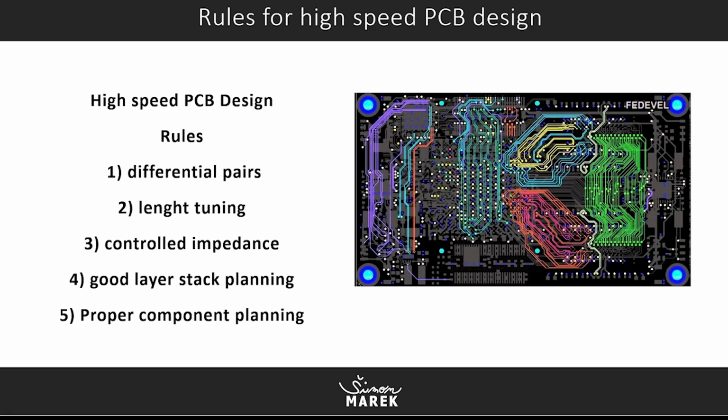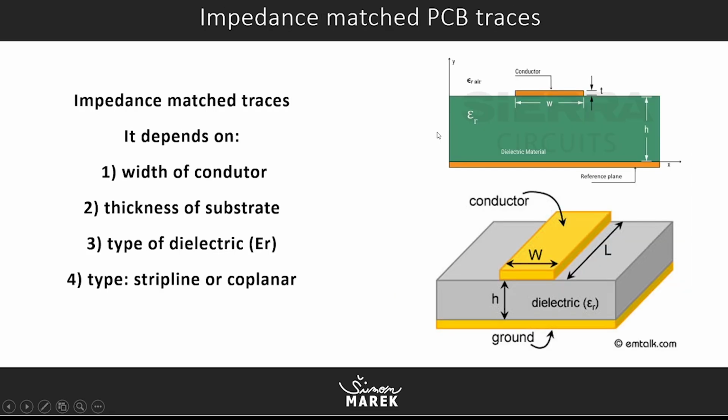Another point is good layer stack planning. This is very important as well. Then there is proper component planning and placement. This is a requirement for good PCB design, for good thermal behavior and good connections.